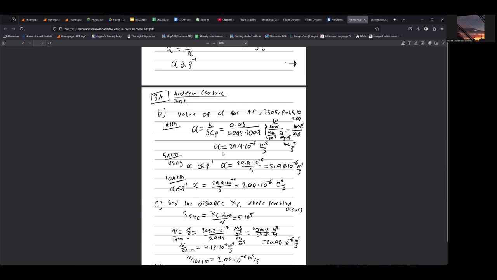Now, where it gets interesting is for the higher atmospheric pressures, you don't need to recalculate or refine the atmospheric conditions because using the properties determined above where it's inversely proportional to pressure, all you've got to do is divide the calculated value for one atmosphere by 5 to get the diffusivity at a higher atmospheric value, which in this case is 5.98 times 10 to the negative 6.